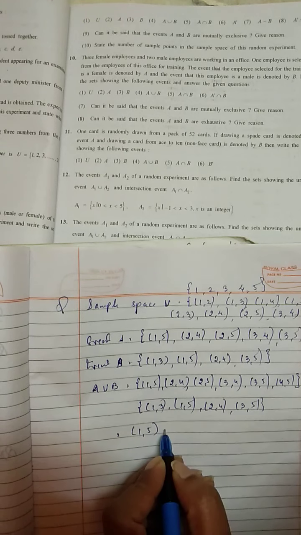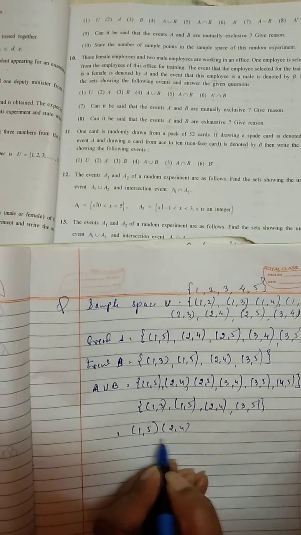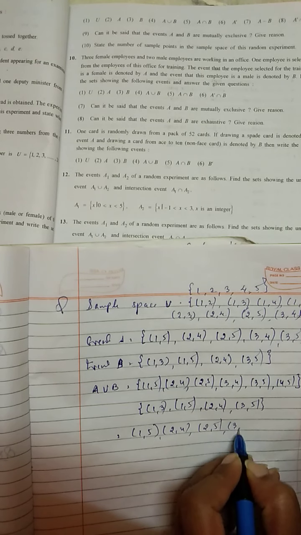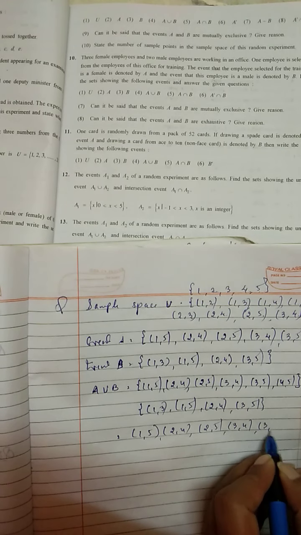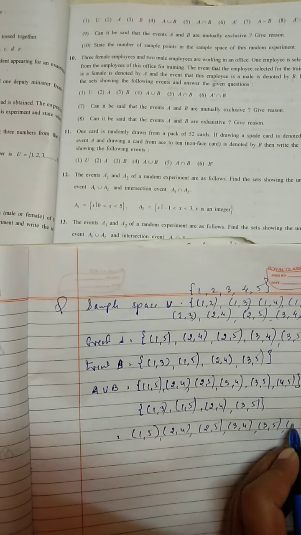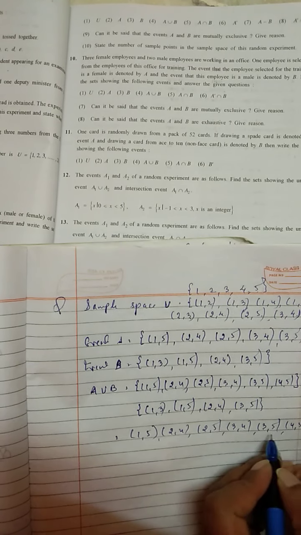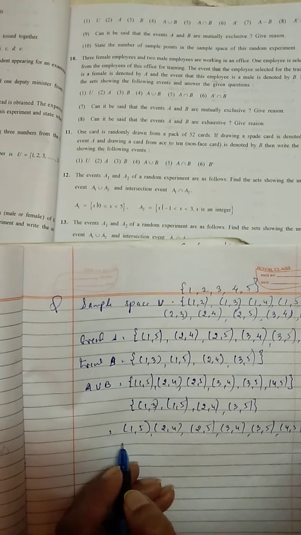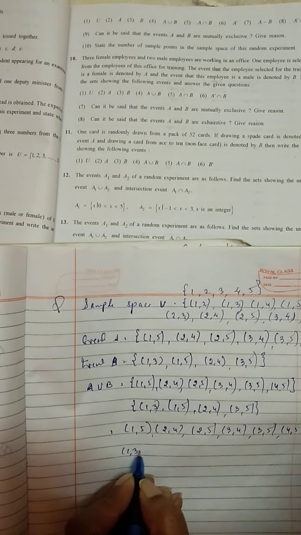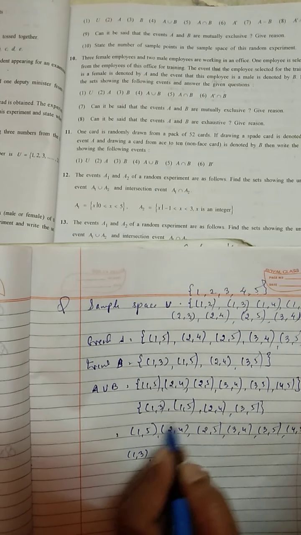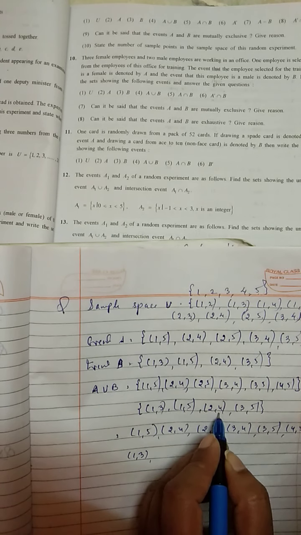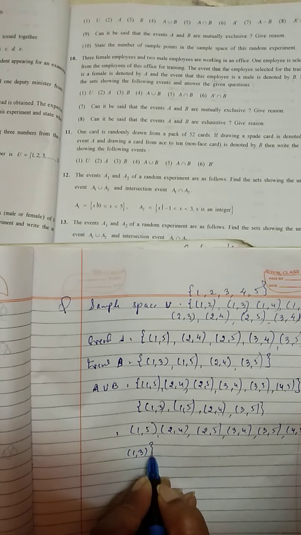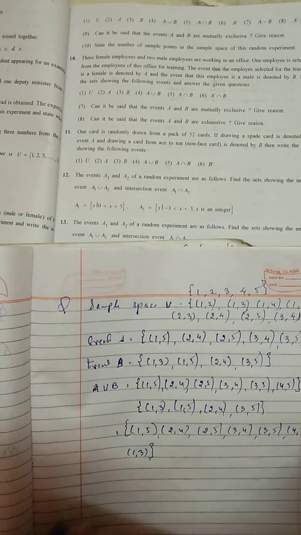So 1 5, then 2 4, 2 5, 3 4, 3 5, 4 5. Next 1 3 we have not taken earlier, so we will take it. Next 1 5, now it's repeating, we will not take it again. Next 2 4 again repeating, and 3 5 again repeating. So these are the outcomes of A union B.